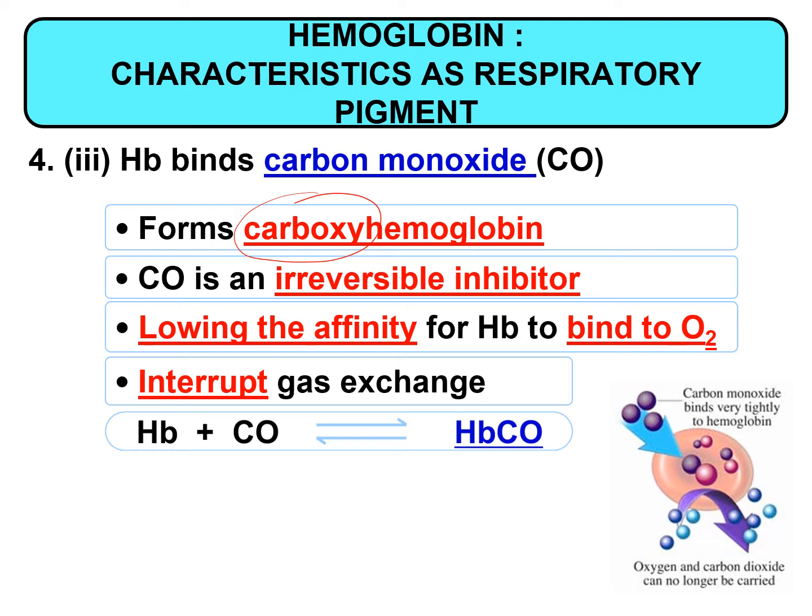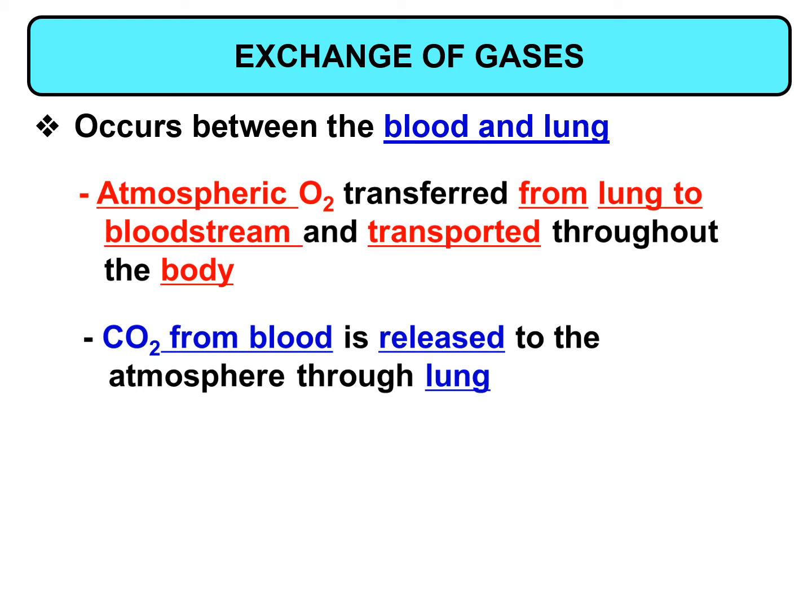Furthermore, the binding of carbon monoxide to hemoglobin is irreversible. So this causes the ability of the hemoglobin to bind to oxygen to become lower. Thus, it lowers the affinity of the hemoglobin to bind to oxygen. And this causes an interruption to gas exchange, because it prevents oxygen from binding to the hemoglobin.